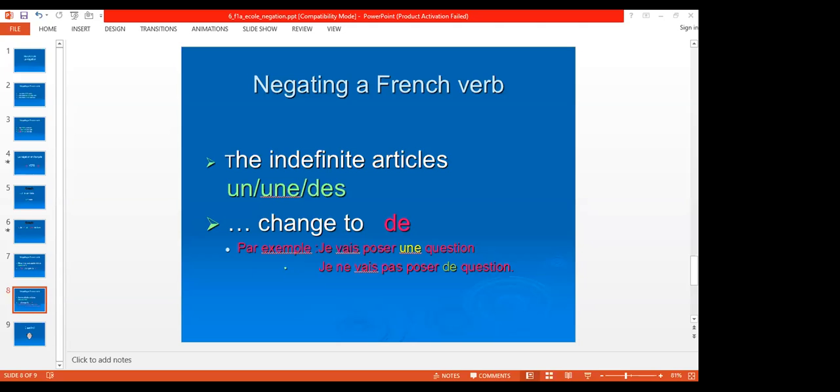In this case, we have been told to negate this sentence, and the first rule, as usual, is to find the verb in the sentence. And the verb in this case is habiter. That is why we are going to conjugate. That is our point of interest in the sentence. You don't stress yourself with any other thing that you don't know the meaning of in the sentence. Just look for the verb and then you negate it.